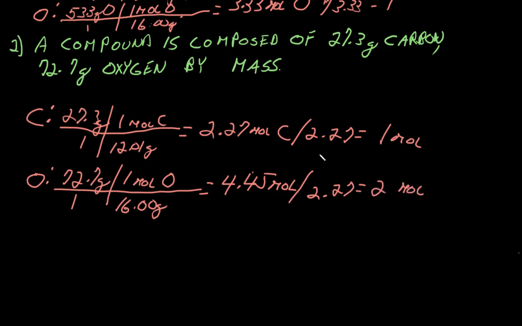So for our formula, we've got 1 of carbon, and oxygen we have 2, so we use a subscript of 2. And that's actually carbon dioxide. So again, once you find the number of moles, take the lowest number of moles and divide each of the elements by the lowest number of moles and get the molar ratio. All right, let's look at a couple more.